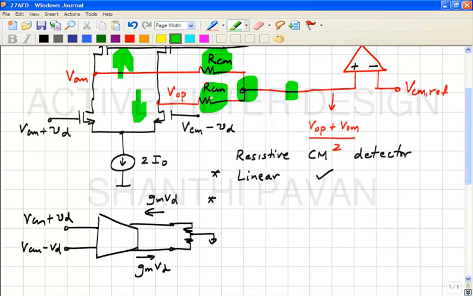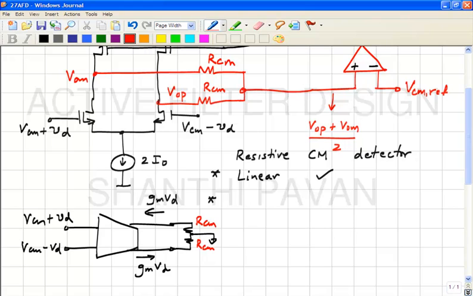It's exactly the same fashion why this does not change for purely differential signals, right? So since this is small signal ground, now we see that in the differential mode equivalent you have two resistors like this.